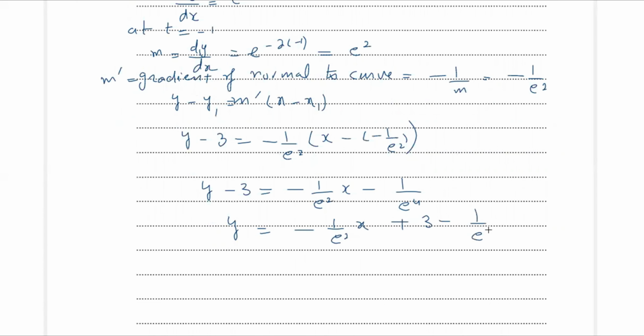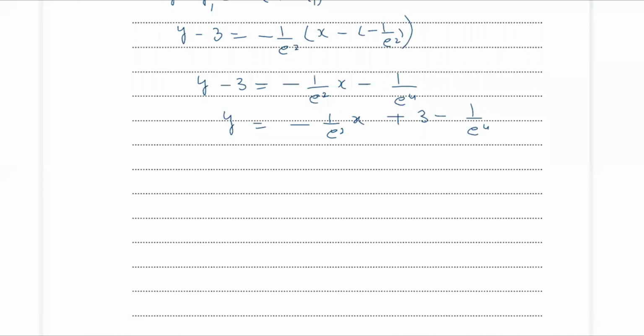That equation is compared with y equals mx plus c. This shows the gradient of the normal line is minus 1 over e square, and it shows the y-intercept. The y-intercept means the coordinate of the point will be 0, c, and this coordinate will be 0, 3 minus 1 over e power 4.